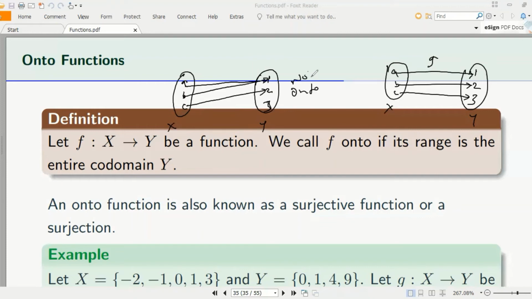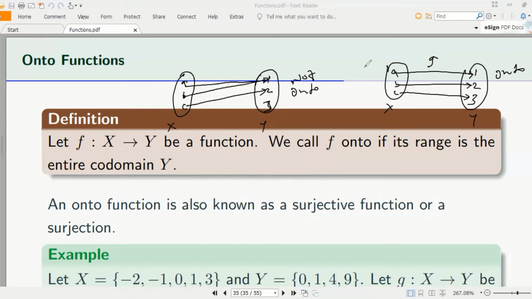This one is onto. By definition, a function is onto if its range is the whole codomain. Here the range is just 1, 2, it's not the entire codomain, and therefore this is not onto.